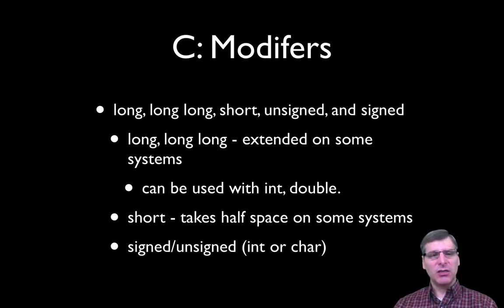So on some systems, if we use long on an int or a double, it will extend out the size, so it'll actually use more space. Short, on the other hand, is used to specify you want to use less space. So on some systems, if we put short in front of int, it'll actually take half the space.